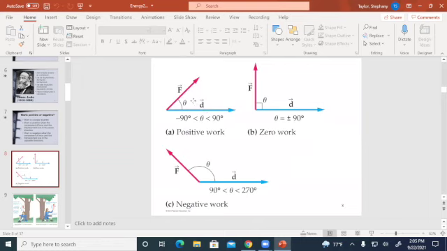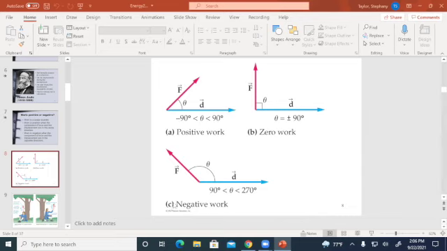If your force and the distance that you're moving in are both in the positive direction, then that is positive work being done. Zero work is when they are at 90 degrees from each other. So if force is straight up along the positive y-axis and the distance is along the positive x-axis, with 90 degrees in between, then zero work is being done.